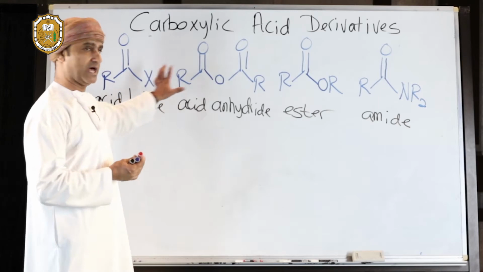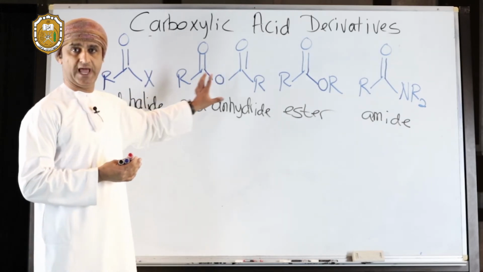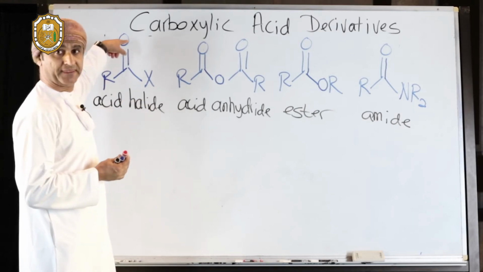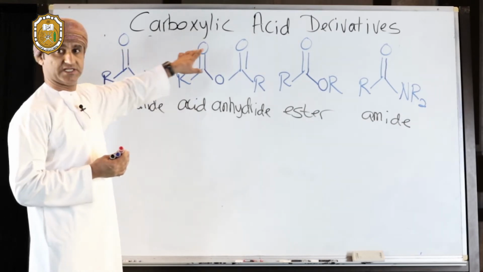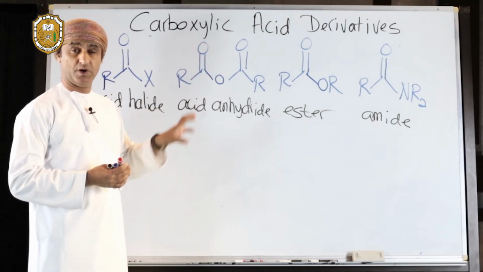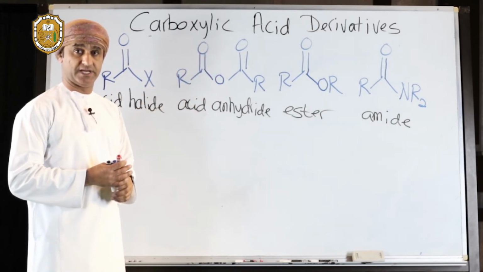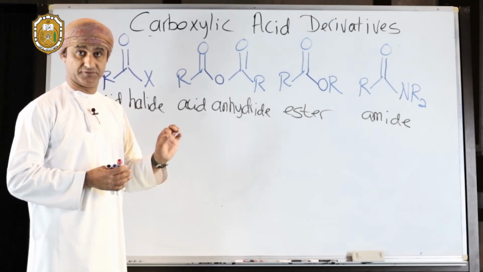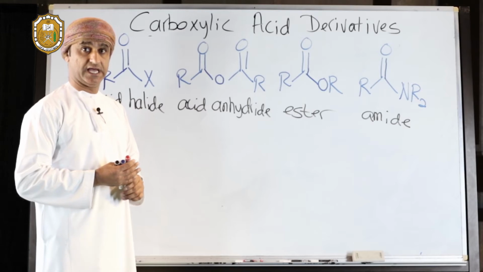Well, they are all carbonyl compounds, so they all have inductive withdrawal by oxygen, and also they all have resonance withdrawal because they all contain this acyl group. All of them are carbonyl groups. So the carbon of the carbonyl group in all of them is electrophilic due to inductive effect and resonance.